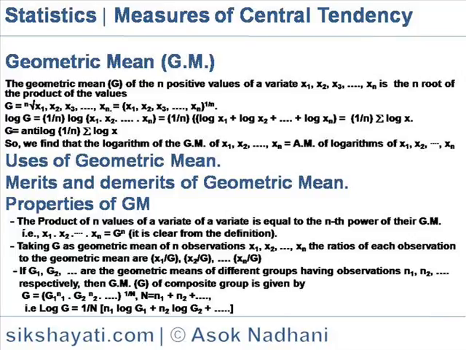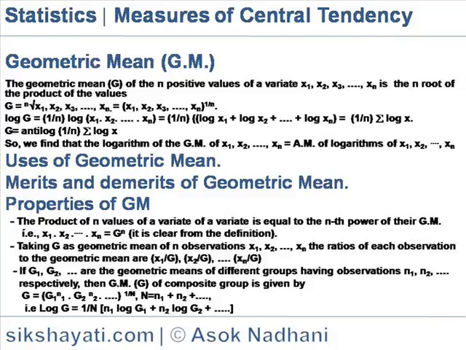So G is antilog of 1 by n sigma log x. So we find that the logarithm of G for n variates is equal to the arithmetic mean of the logarithms of x1, x2, x3 up to xn.